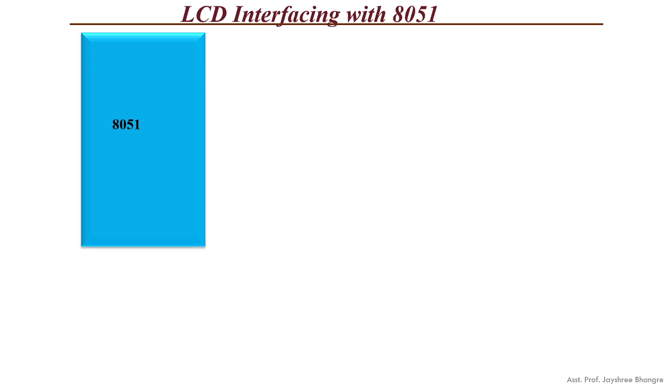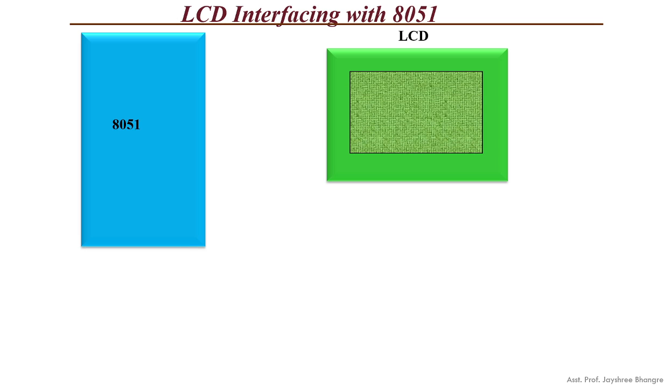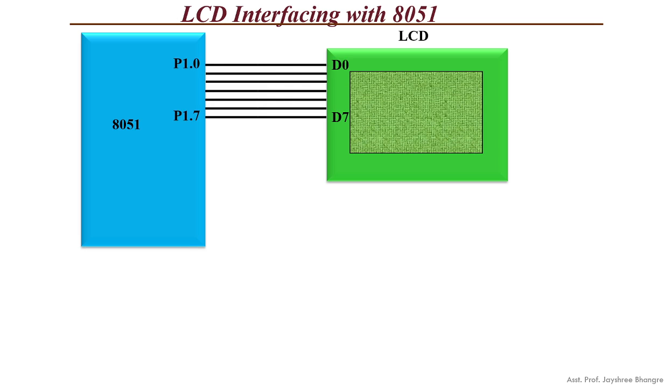Now we can see how this LCD is interfaced with the 8051. So this is the 8051 chip and this is the LCD. Here we have connected the data pins of the LCD, D0 to D7, to port 1 of the 8051.